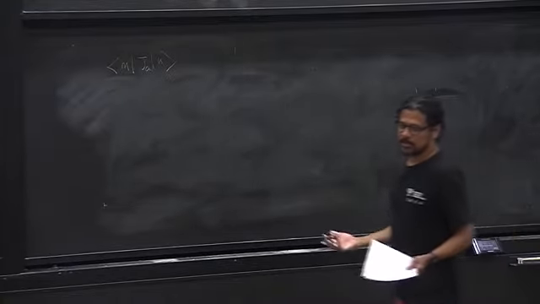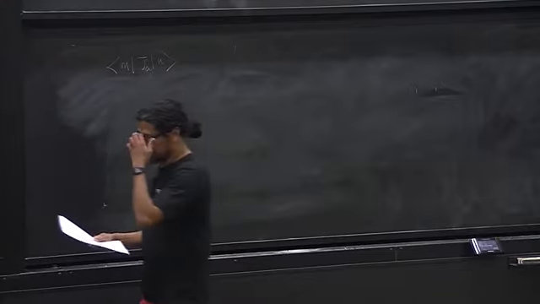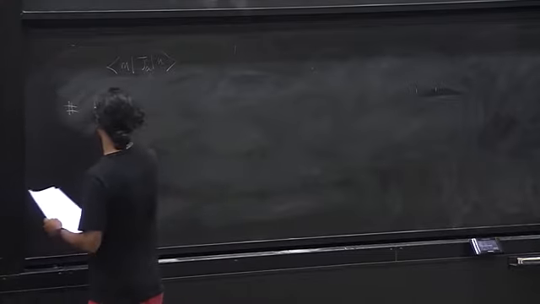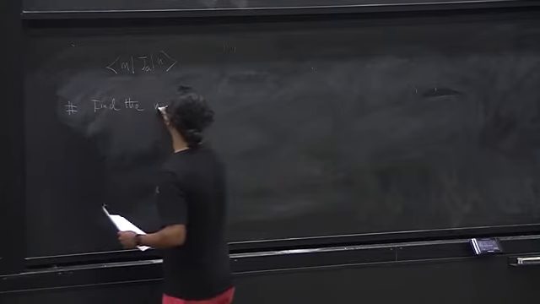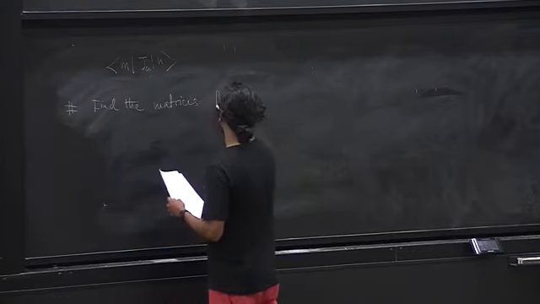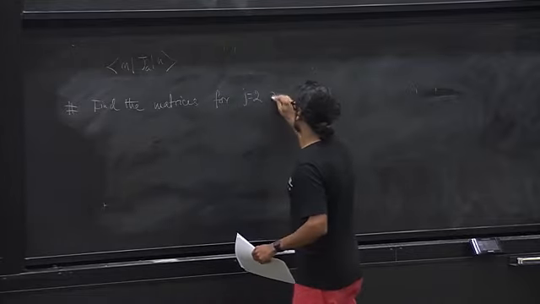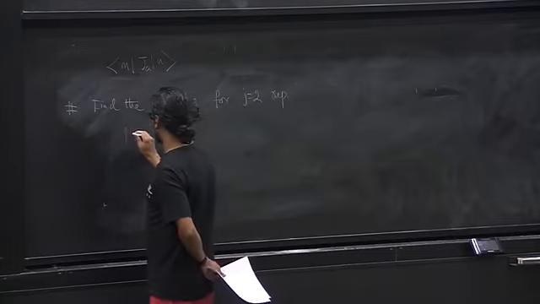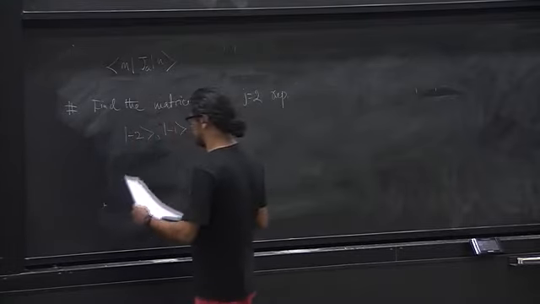So suppose I want you to find the matrices for the j equals 2 representation. So what are the basis vectors? These are minus 2, and so on, this is the ladder.